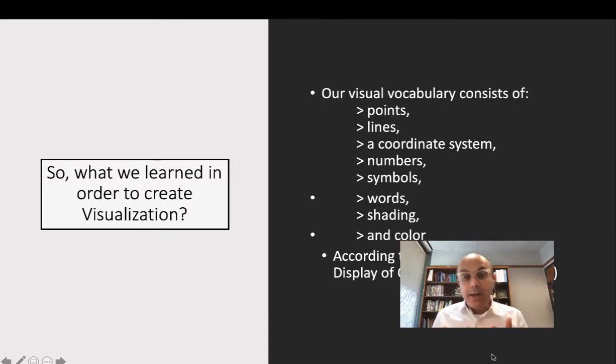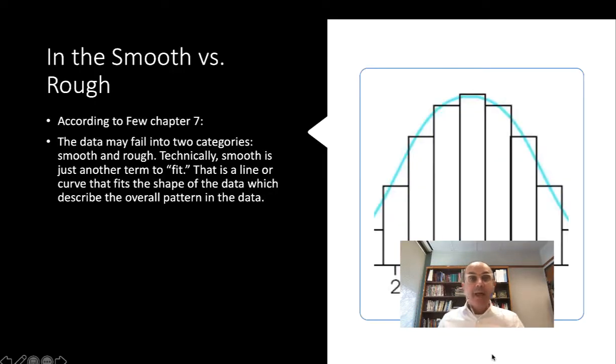In module number 1, I talked about the visual vocabulary, that points, lines, coordinate systems, numbers, symbols, and words are part of our vocabulary. But what about the smoothness and the roughness of the graph, as it is represented so well in a bar graph?